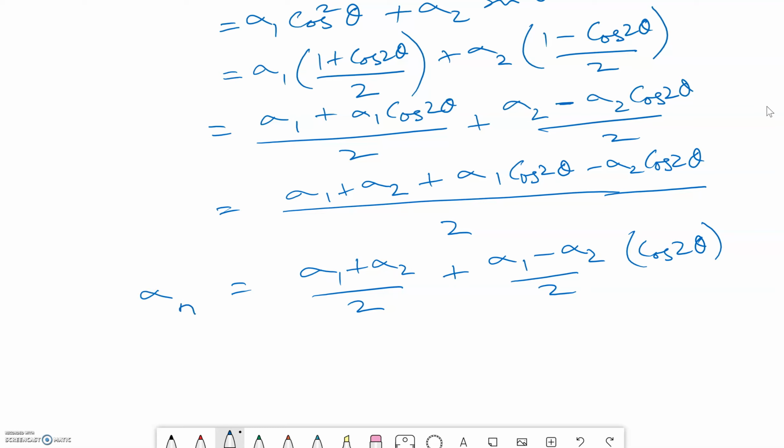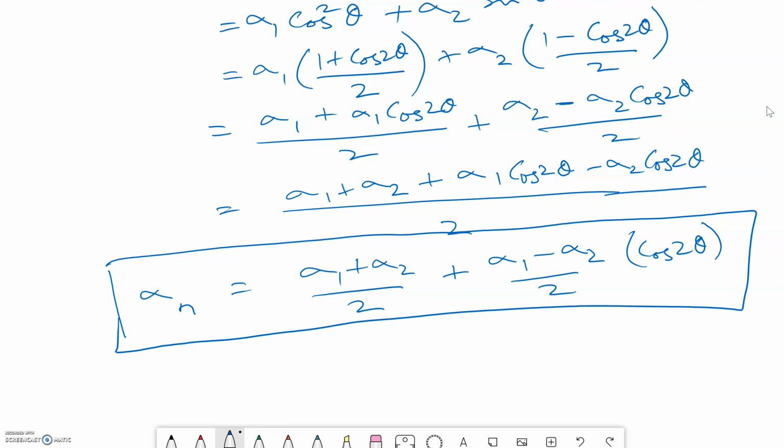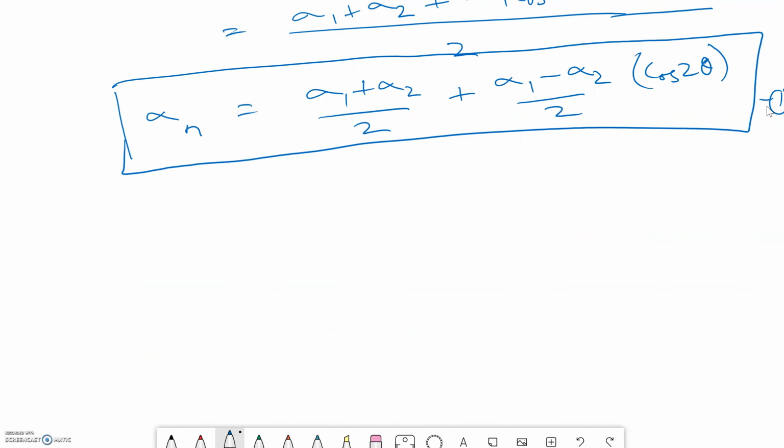This becomes my equation for sigma n. This is my equation 1. And now similarly, I can find out tangential stress, which is nothing but the tangential force acting along section FC by the area of section FC.